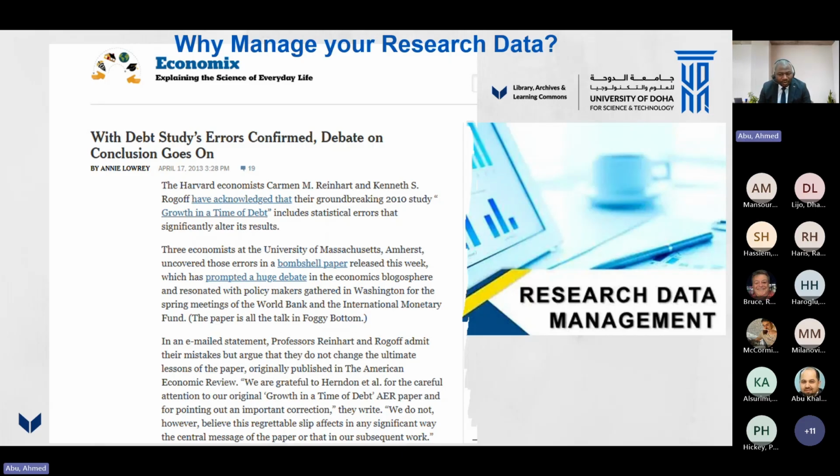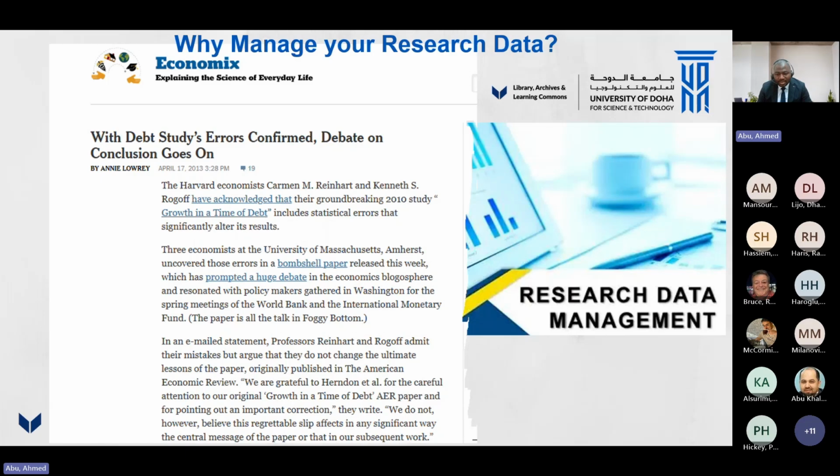Then, of course, an article of that nature is expected to be reproduced in similar articles within some years. 3 years later, two researchers from the University of Massachusetts tried to reproduce this particular article because of the level of influence the article has.